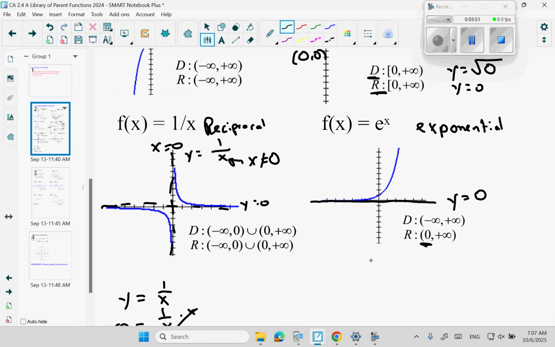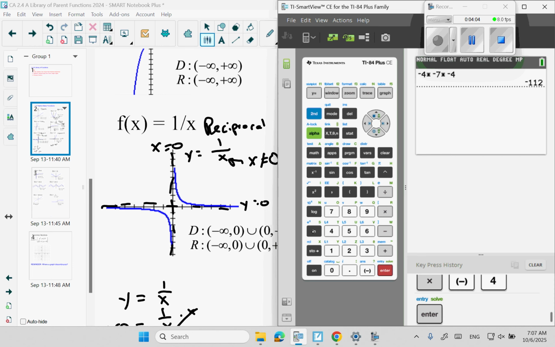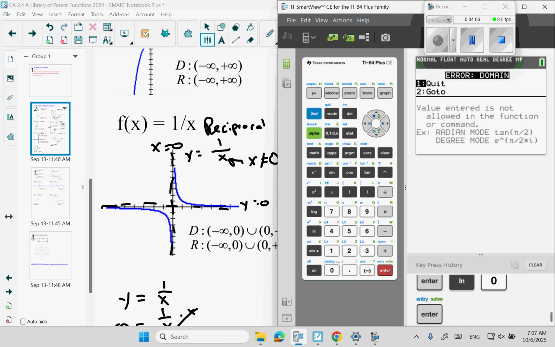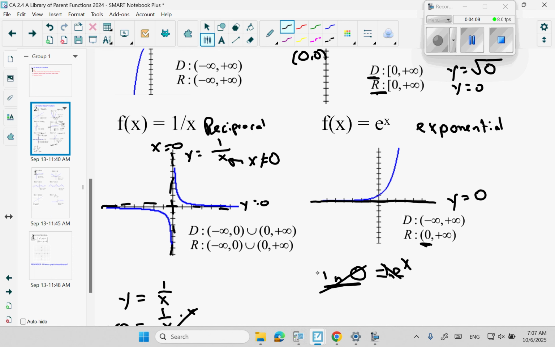And that can be shown by the same idea. 0 equals e to the x. You can natural log both sides to get rid of the e. And if you type natural log of 0 into your calculator, you actually get an error. So that can't exist either. Therefore, y cannot equal 0.